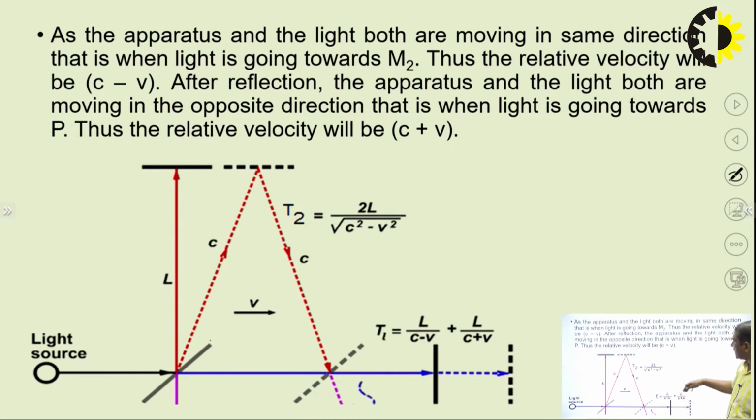But these two times are calculated with respect to different frames. For example, the time in the horizontal direction has been calculated with respect to the earth frame, and the time in the vertical direction has been calculated with respect to the ether frame.